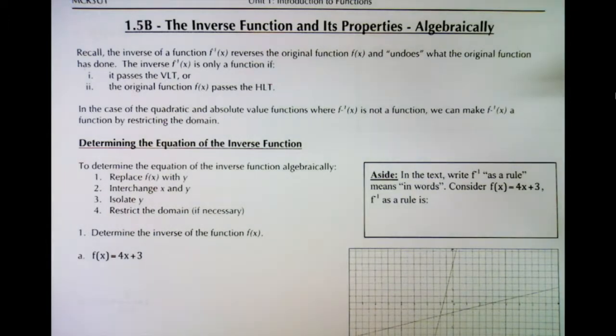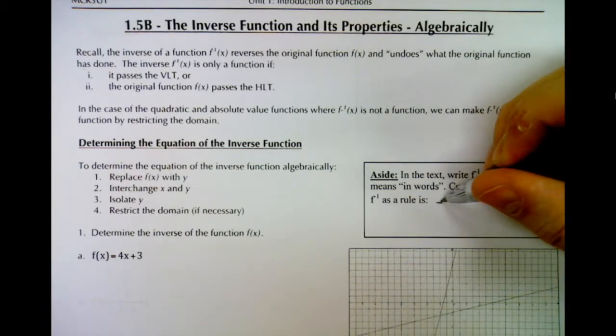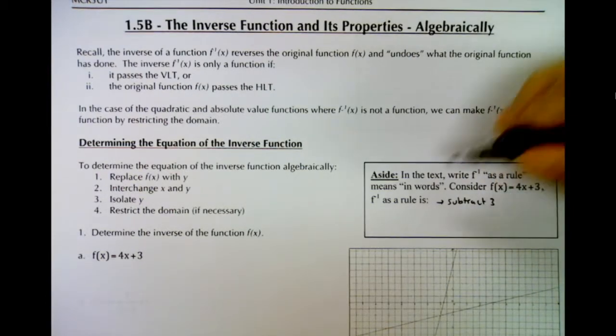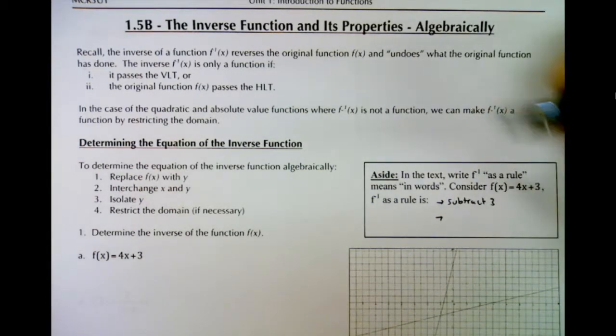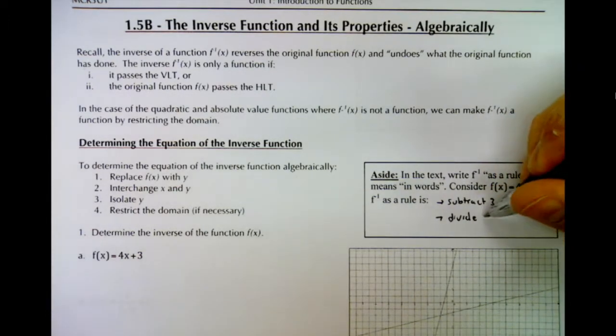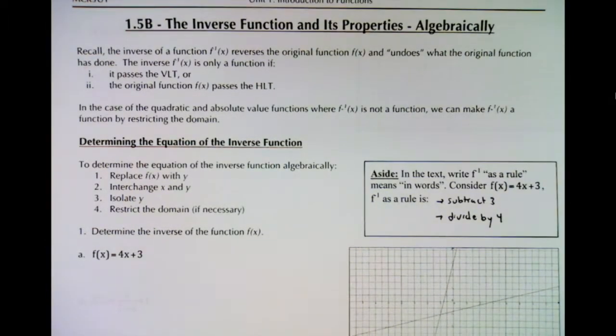To undo those operations, we would have to undo these in the opposite order. So instead of multiplying first and then adding, we would first subtract, and then, instead of multiply, divide. And basically, these are just the steps to isolate for x. But as a rule, f inverse of x would say subtract 3 and then divide by 4.